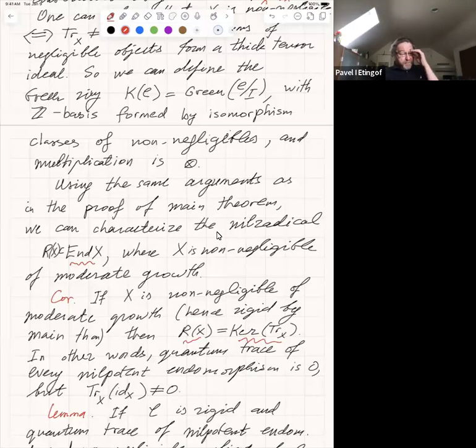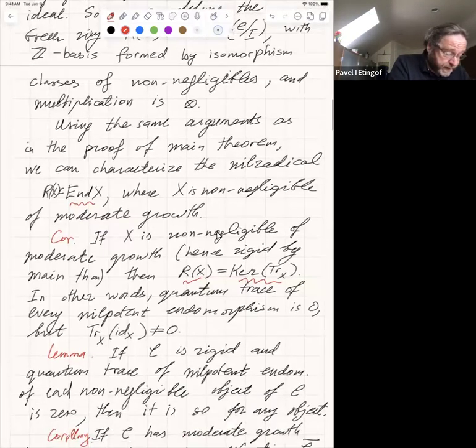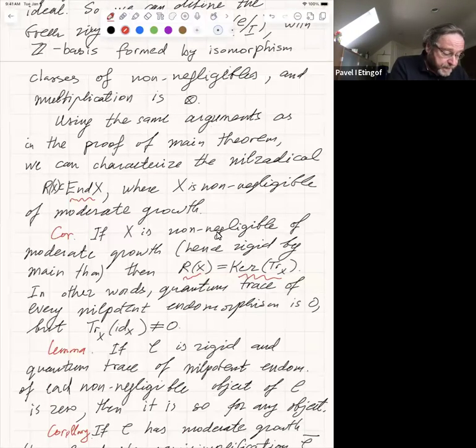When you do semi-simplification of tensor categories, you want to get an abelian semi-simple tensor category as a result. And the main obstruction to that is that traces of nilpotent endomorphisms don't have to vanish. If they don't vanish, sometimes, then you will not get an abelian semi-simple tensor category.